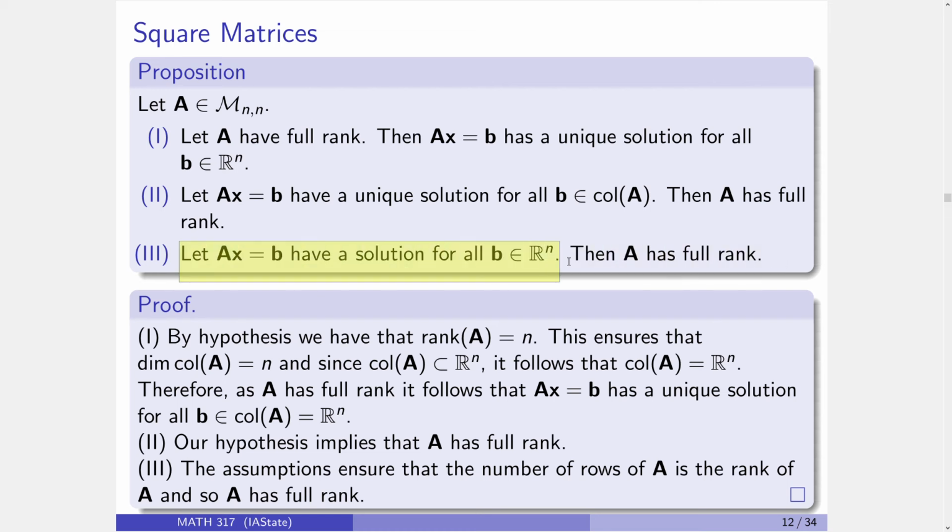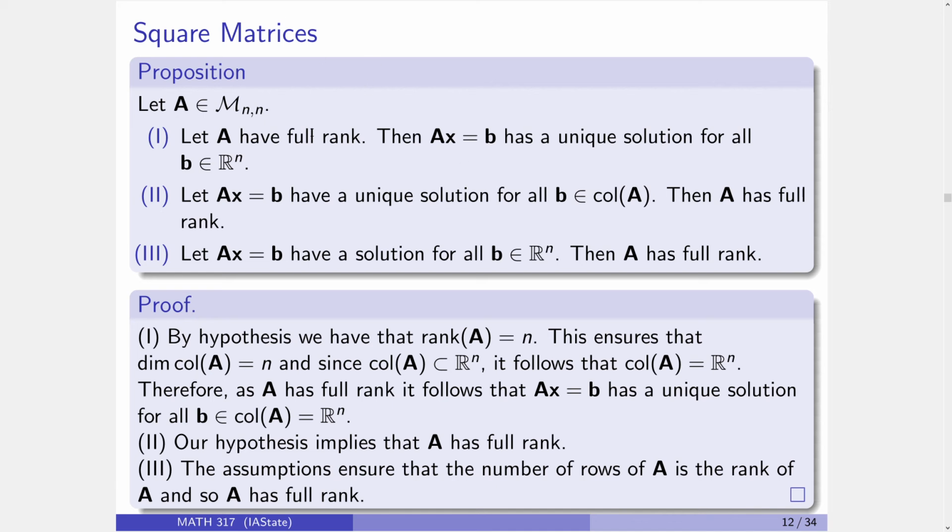If you know that you can always solve this, that does not mean your rank is full, it just means your rank is the number of rows. It's possible your number of rows is less than your number of columns if you're rectangular. However, if you're square, they are equal, so we must be full rank. And there we go. So here we see square matrices are the place to be.